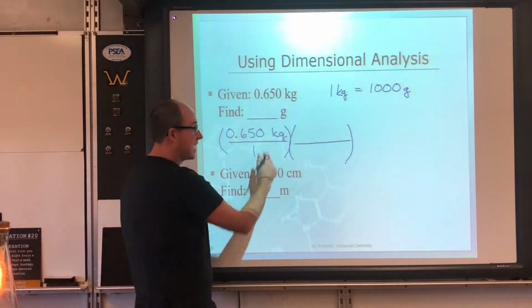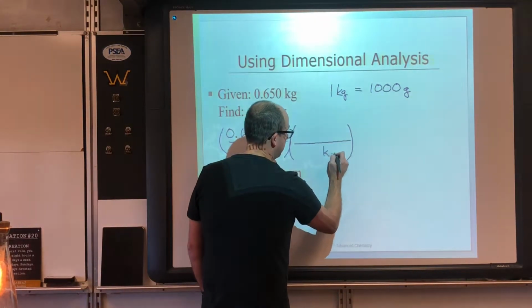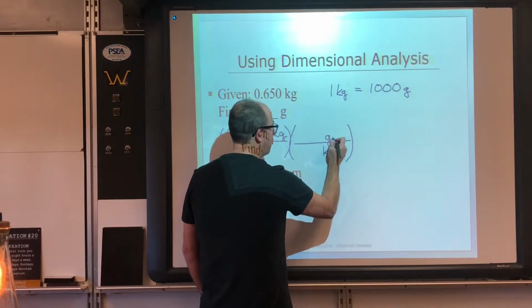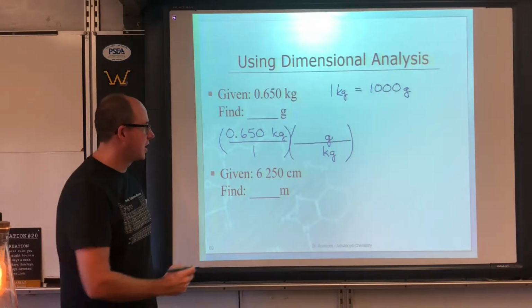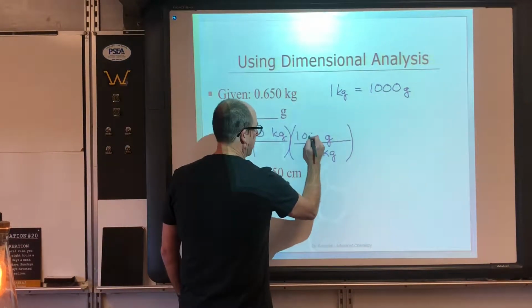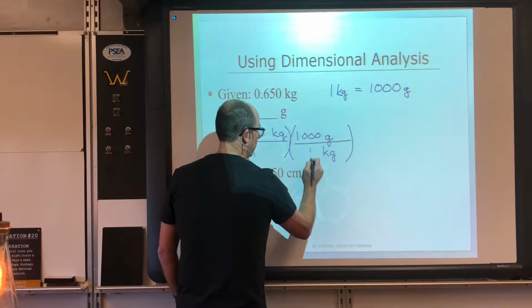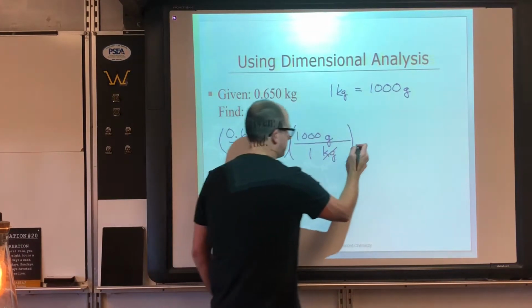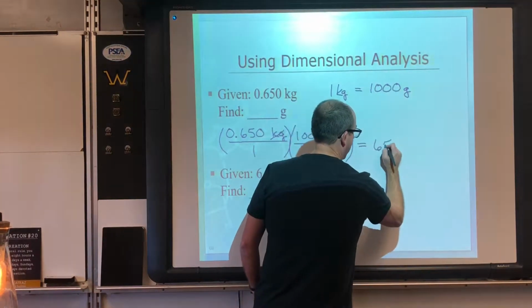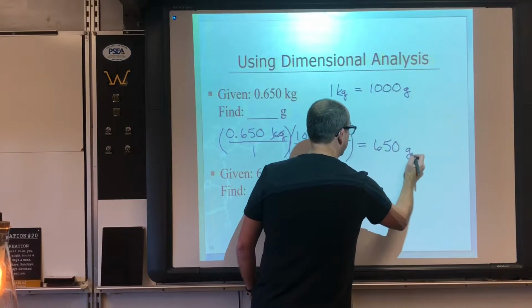And kilograms is canceling, so that goes on the bottom. Grams up top once again. Double check to make sure the 1,000 is in front of grams, and the 1 in front of kilograms, cancel. And multiply, we get 650 grams.